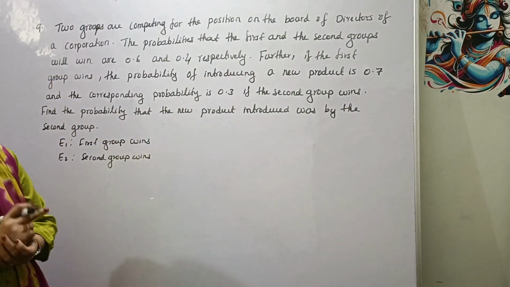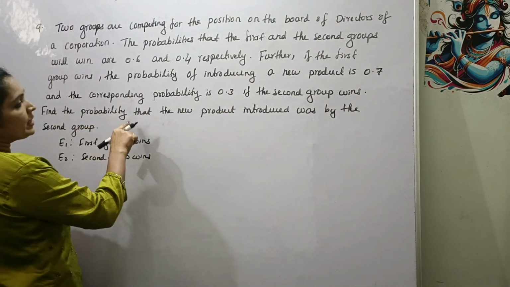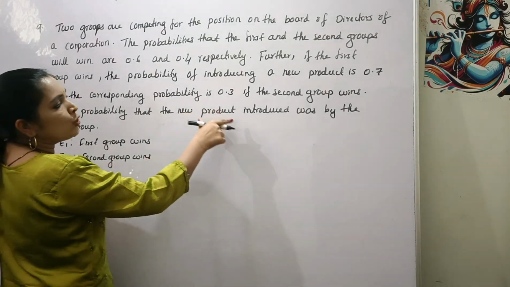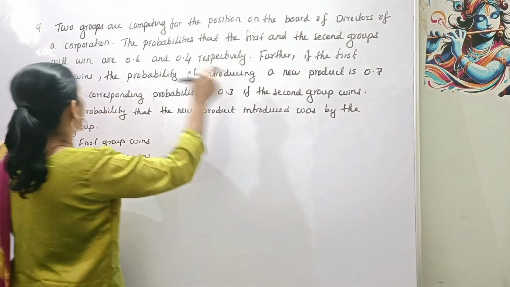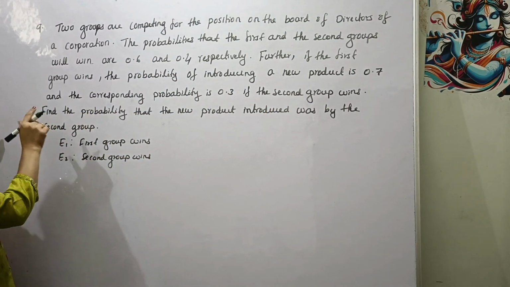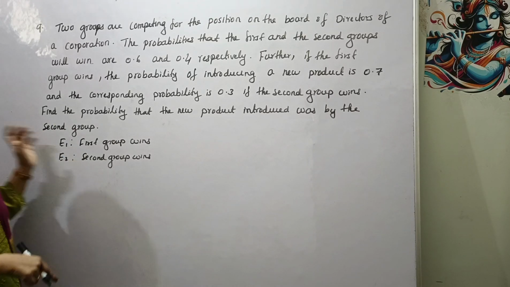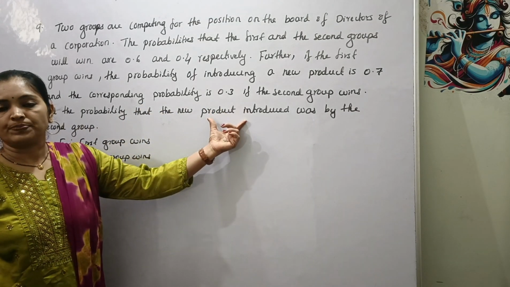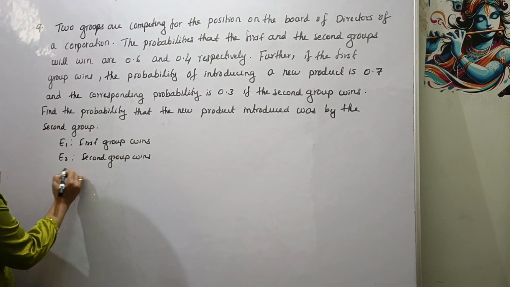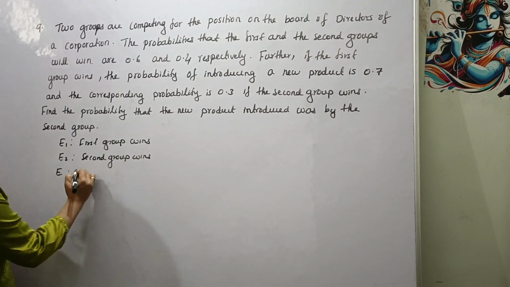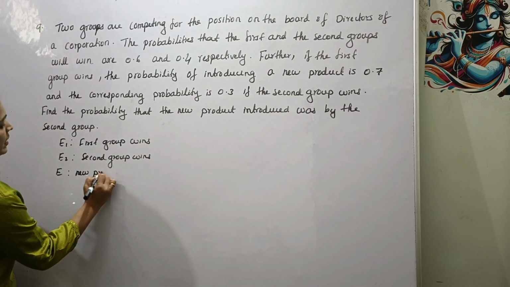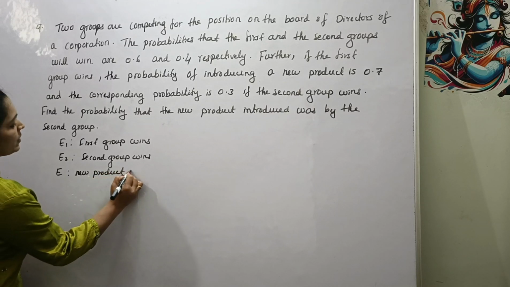What we have to find? Find the probability that the new product introduced was by the second group. So, probability of second group, that is E2, given that a new product is introduced. So here, let's take E as the event that a new product is introduced.